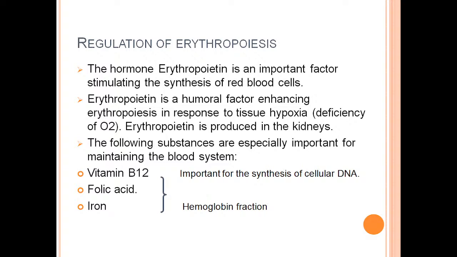Erythropoietin is produced in the kidneys, and the following substances are especially important for maintaining the blood system, for example vitamin B12, folic acid, and iron. They are important for the synthesis of cellular DNA and the hemoglobin fraction.